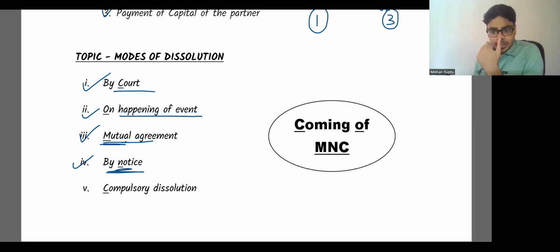So there are three partners. It's a right of a partner to exit the business, and he can give notice at any time. No one can force you to become a partner. If I am a partner and I did well for 5 years and now I want to pursue meditation and get out of the business world, I will give a notice of my resignation. I will say, bye, I am going. This is my notice.